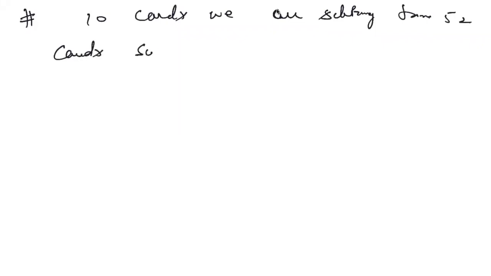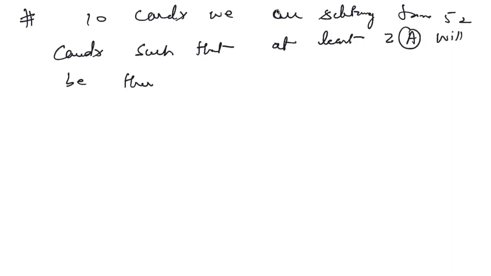Okay. Now again, I'm framing the same question: 10 cards we are selecting from 52 cards such that at least 2 aces will be there. 10 cards we have to select out of a total of 52 cards that must contain at least 2 aces, right? 2 kings, 2 queens, anything will be there.